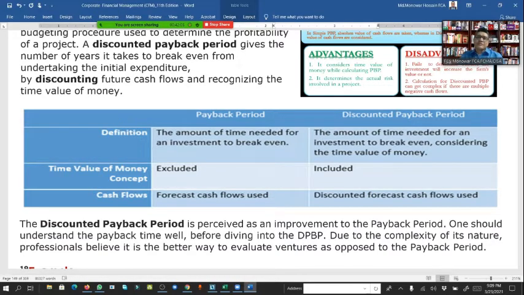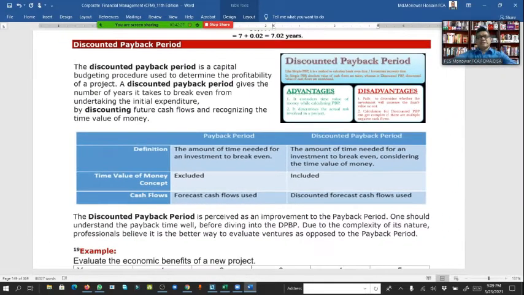That is the main difference. The time value of money concept is not included in the payback period, but is included in the discounted payback period. For cash flow, the payback period uses forecast cash flow, but for the discounted payback period we use discounted forecast cash flow. So that is the basic difference.